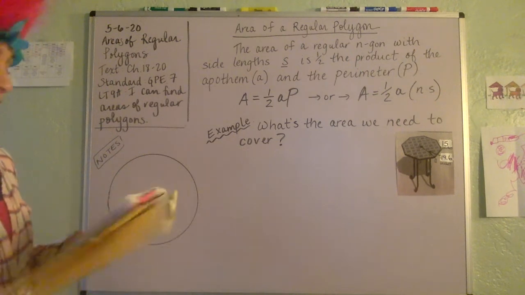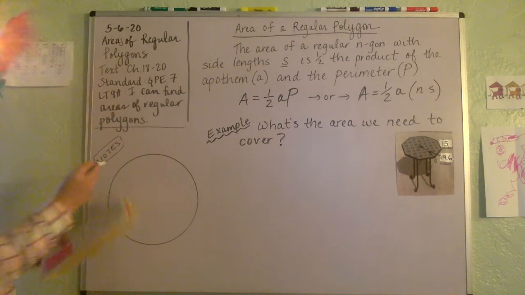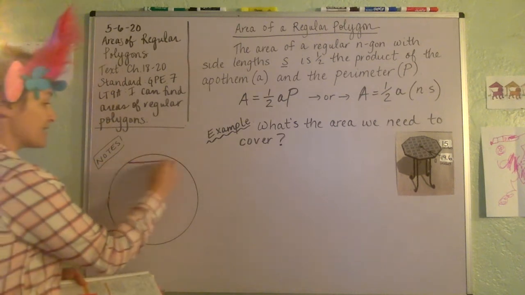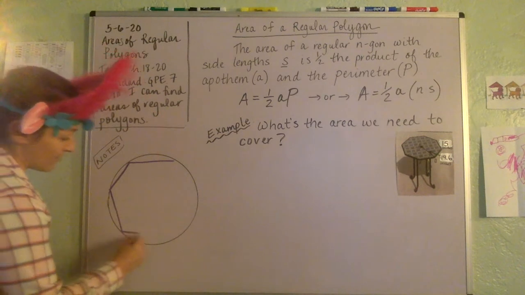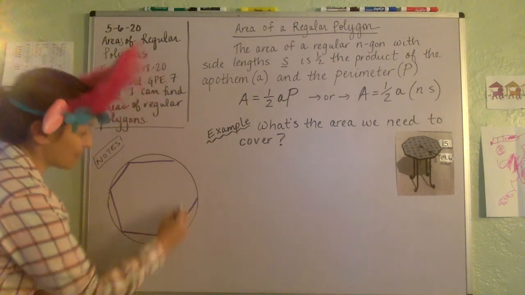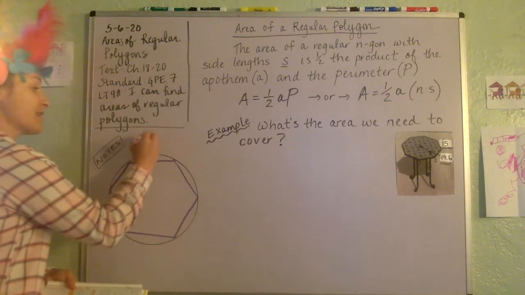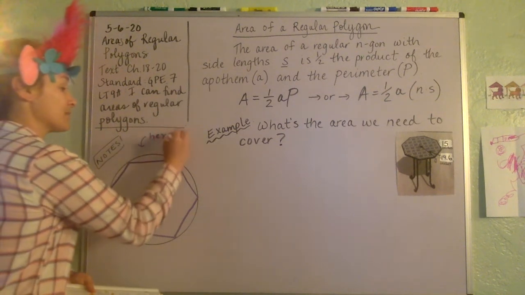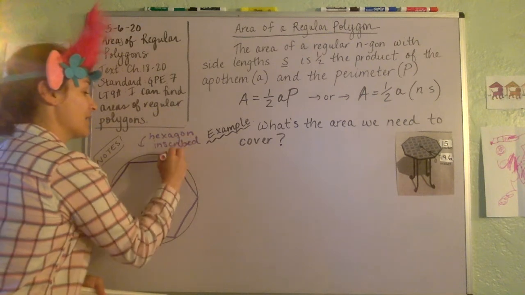Okay, so first, you see this circle over here. I'm going to put a hexagon on the inside of this circle. Pretend, even if it doesn't look like it, that I've drawn a hexagon inscribed in the circle.